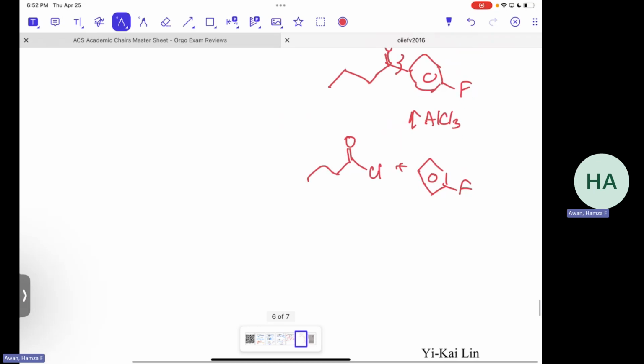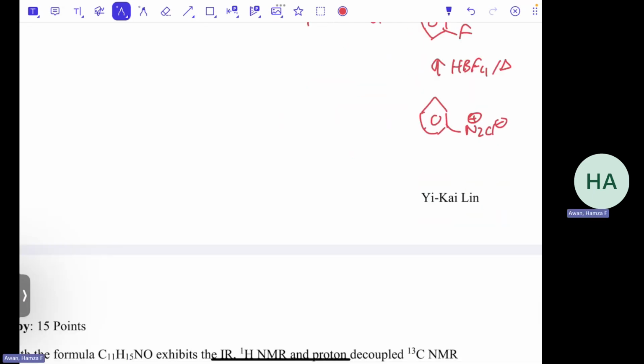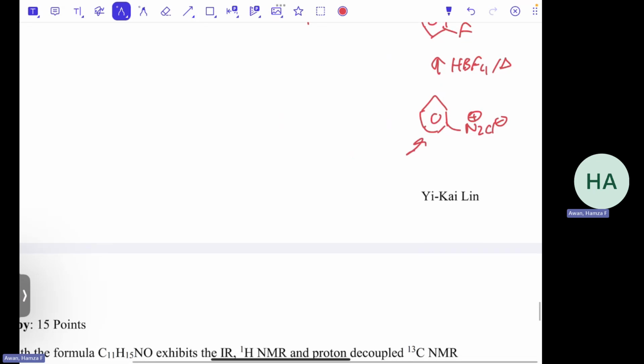To get rid of the fluorine, what we can do is HBF4 and heat. And that's going to bring us back to our diazonium salt, N2+ Cl-. To get the diazonium salt, we could use NaNO2/HCl.